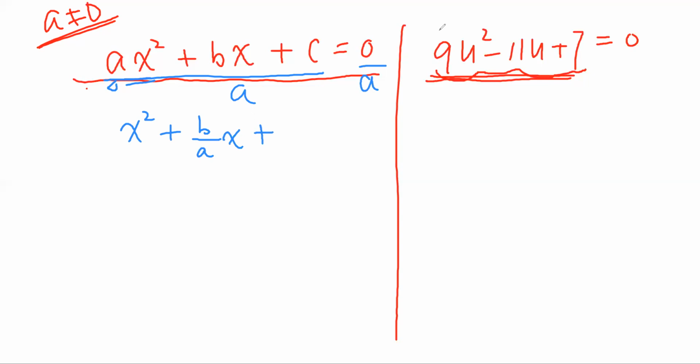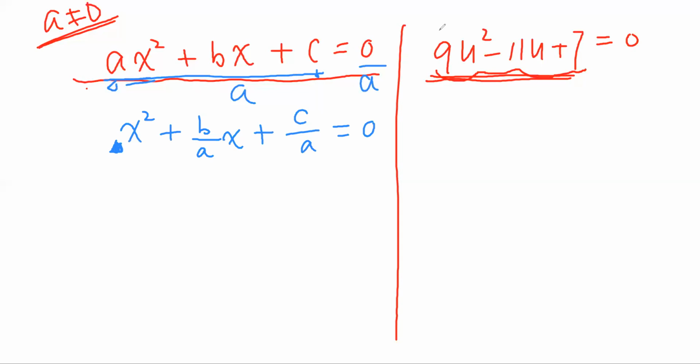Let's do this part first before we move. That's why I always mention: make sure the coefficient here is 1 before we do any completing of the square. So what will be changed?